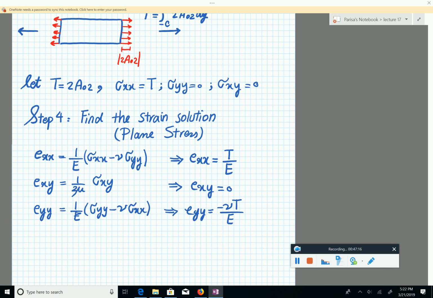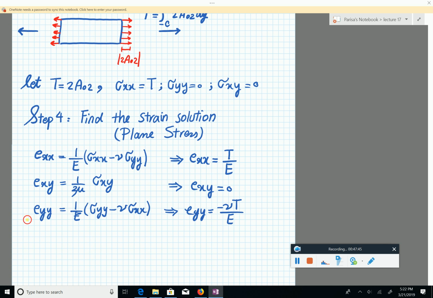It would be really bad if this did not match what we would expect to see. But you see that using this very general machine for this simple problem, we get what you expect to get. You get the force divided by E, that's the strain, and then minus nu.